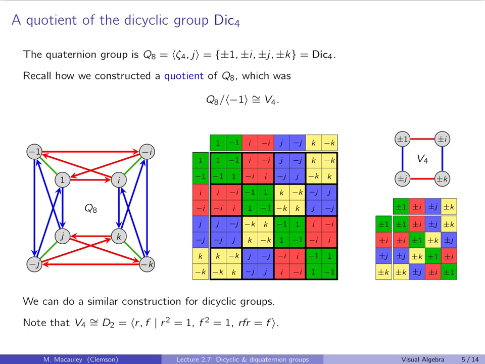And to motivate how this is going to go, I want to remind you that V4 is really just the dihedral group D2. I think I discussed this in the lecture on dihedral groups, because it's generated by R and F, with R squared being 1, F squared being 1, and RFR equals F. That is the Klein 4 group.